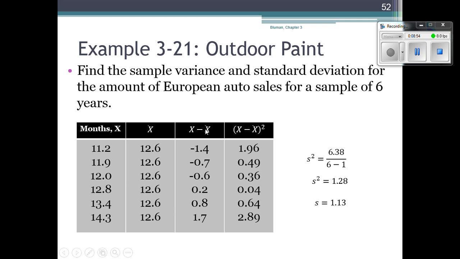So we take x minus our x bar. For some reason my x bar is not showing up very well. This should be an x bar here and an x bar there.